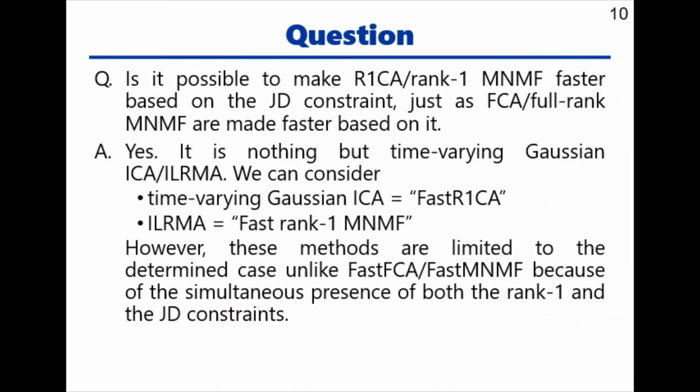Here, an interesting question arises. Is it possible to make R1CA or rank 1 MNMF faster based on the JD constraint, just as FCA or full-rank MNMF are made faster based on it?